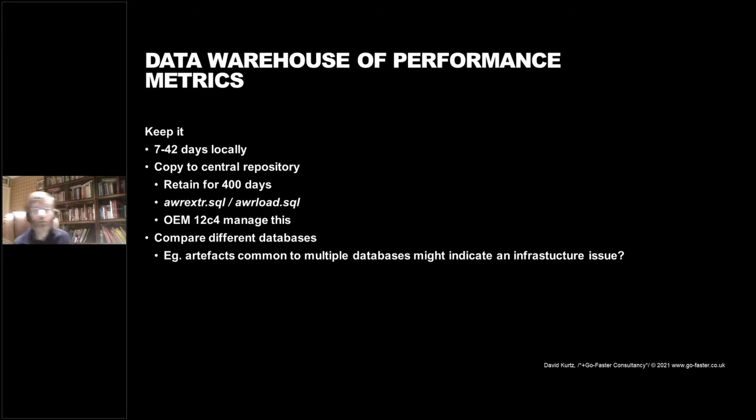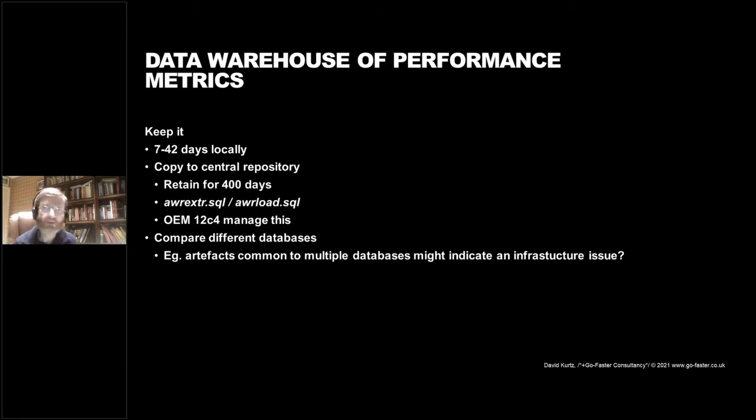And you want to look at this month end versus last month end. So you need 5 weeks plus another week. Some people copy it back to a central repository. Again, maybe some people talk about 400 days of ASH data in your central repository rather than in your live database. And that's a year and a month and a week.